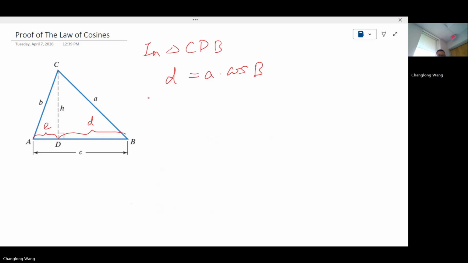Now, what about e in terms of little d and little c? Isn't that obvious that it's c minus d, right? I'm looking for that little part. You subtract d from the whole thing, you get little e.